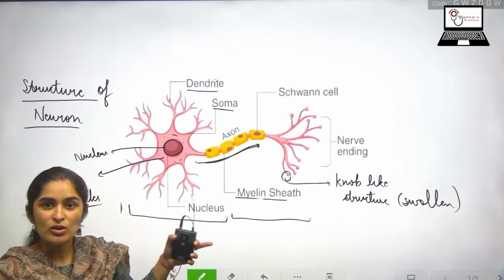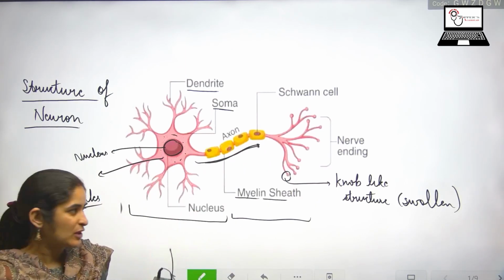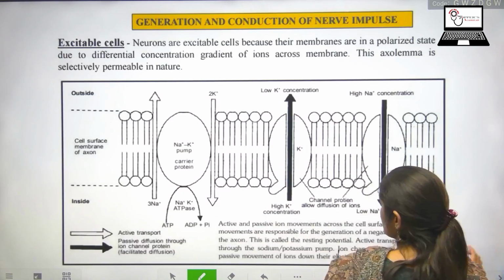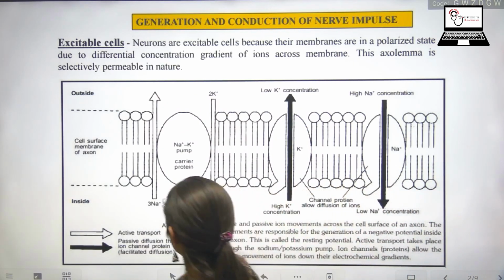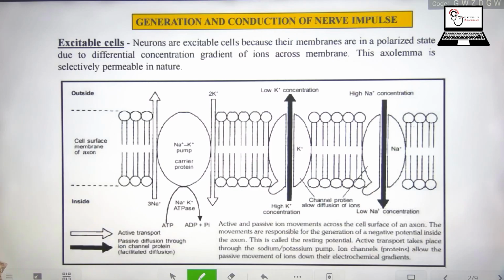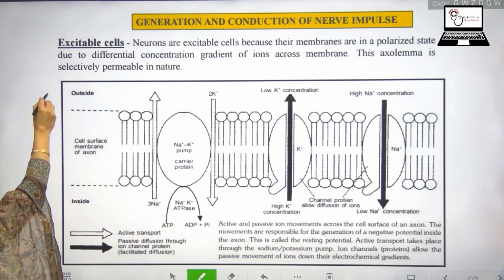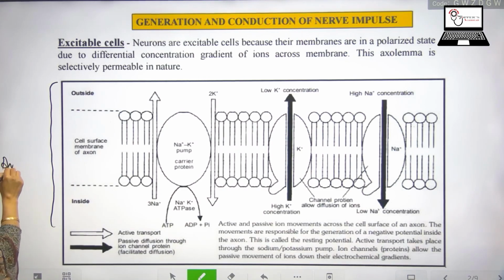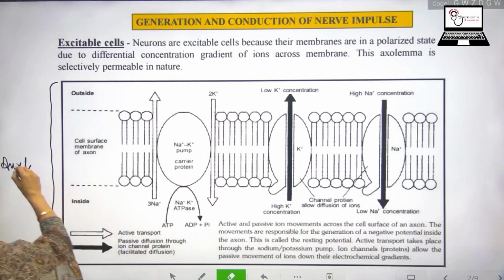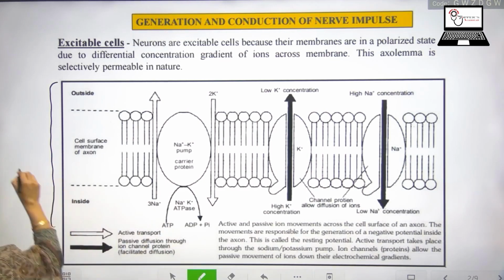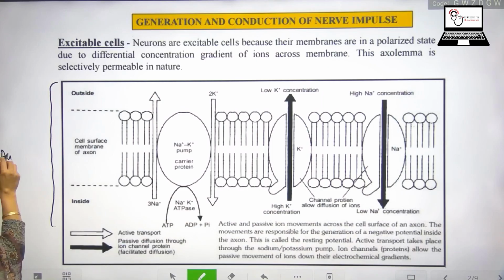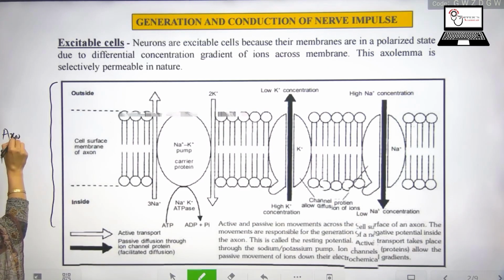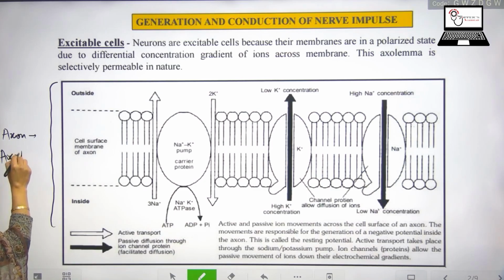The next topic is how this electrical impulse is generated. See beta, this is the diagram of the nerve impulse, showing the axon and its outer covering, which is known as the axolemma.